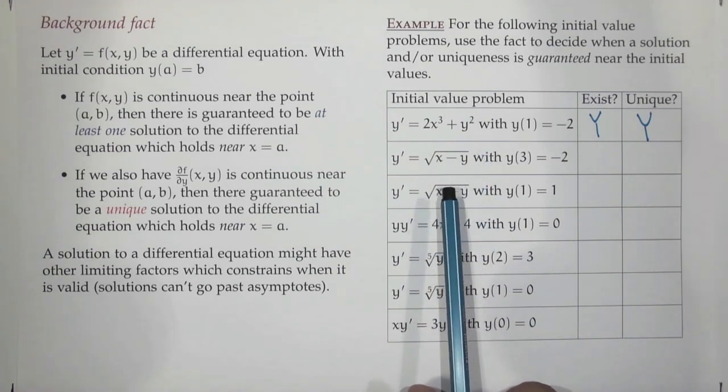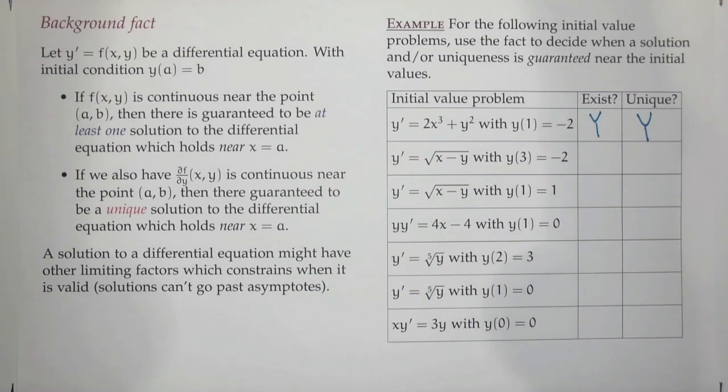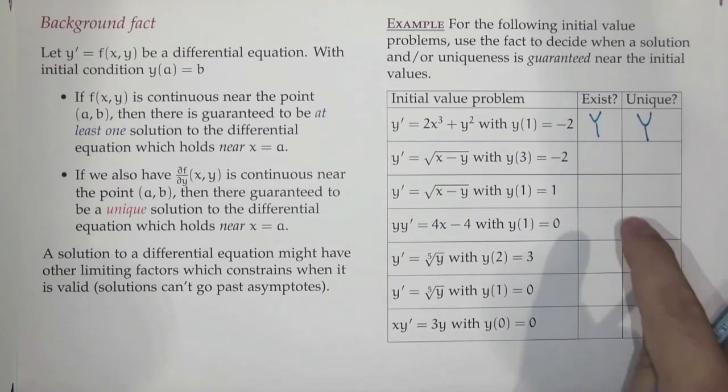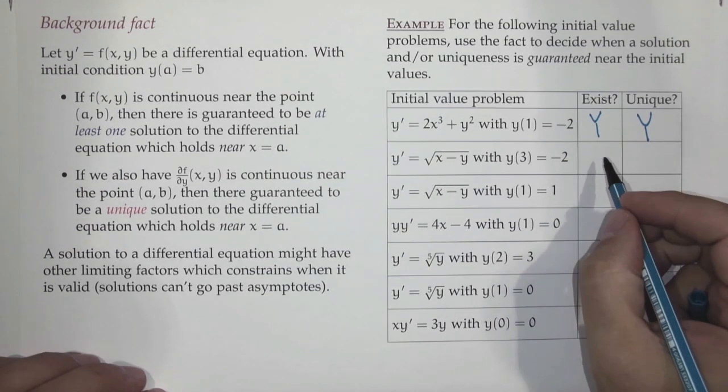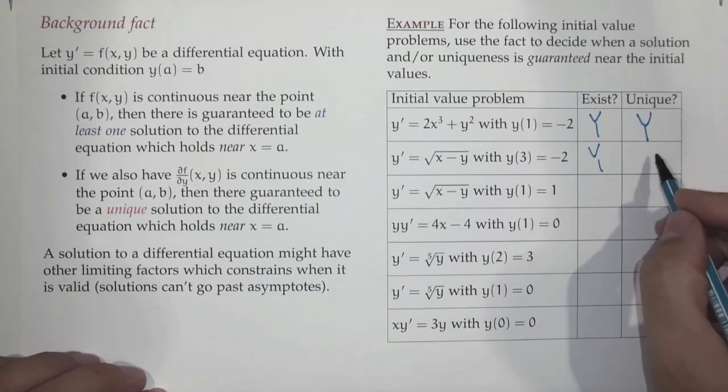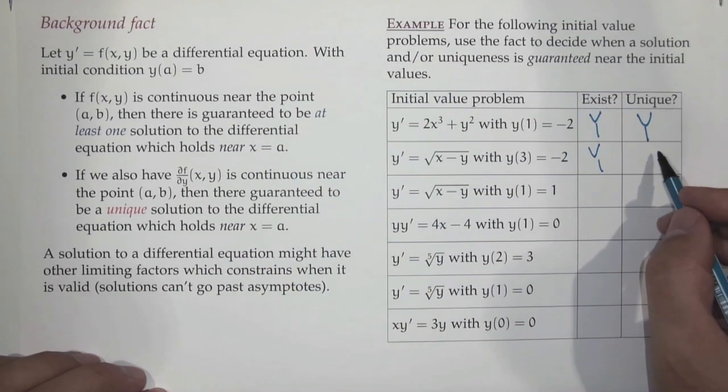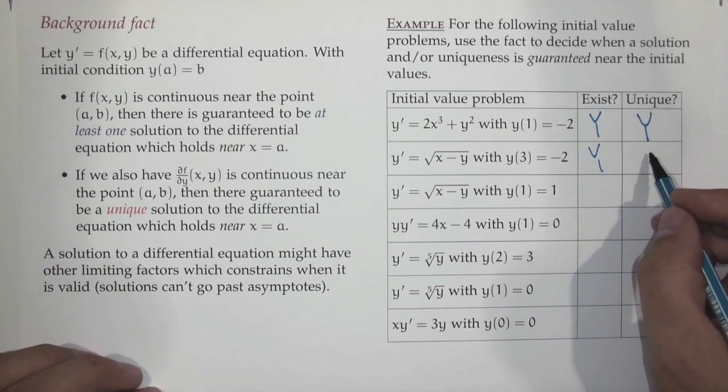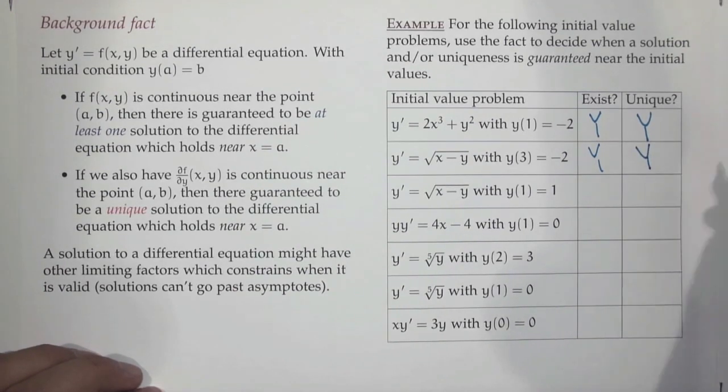Is square root of 5 nice? Or I should say, is square root nice around 5? Around 5, it's doing pretty good. So is there a solution? Yes. Is it unique? Can you take the derivative of a square root? Yes. And around 5, is it good to go? Yes.